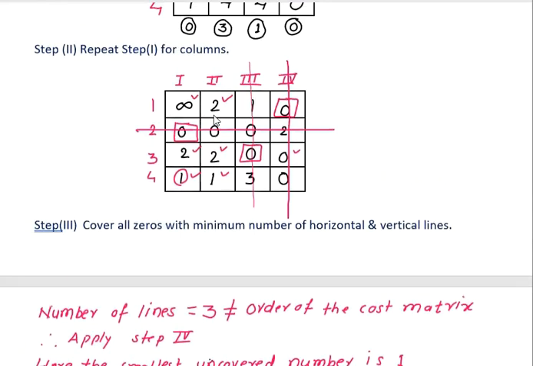Then elements of the second column. 2 is an uncovered number. 2 minus 1 is 1. 0 is on the line, so as it is, 0. Again 2 minus 1 is 1 and 1 minus 1 is 0. So 1, 0, 1, 0 are the elements of the second column.